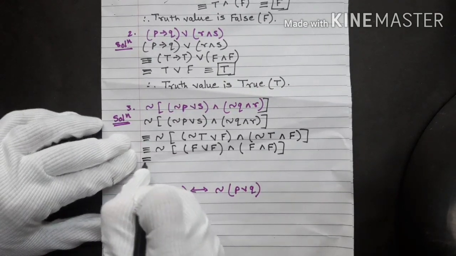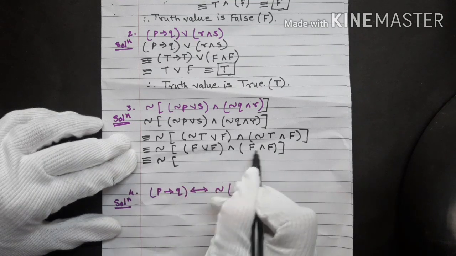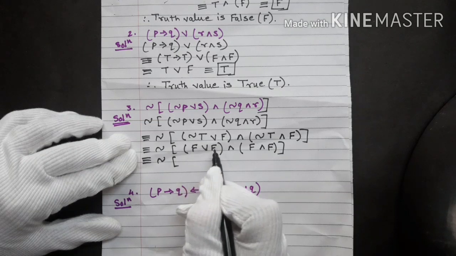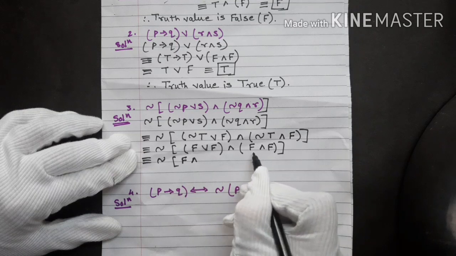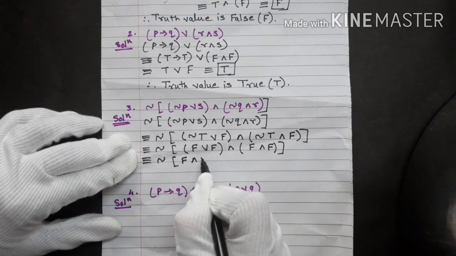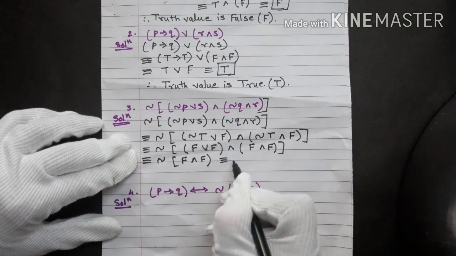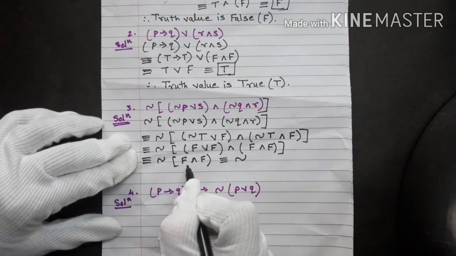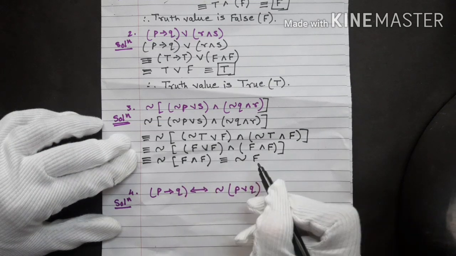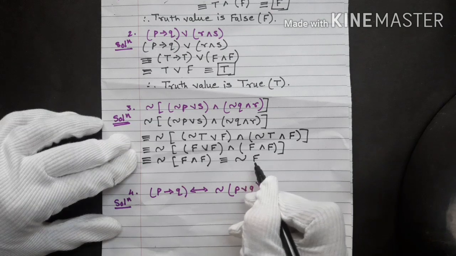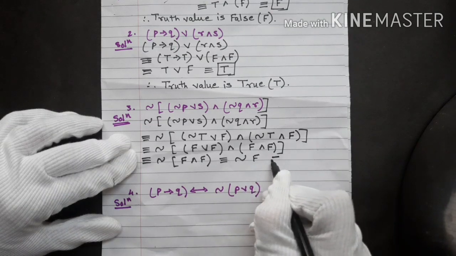So this is equivalent to negation. Again these two brackets we have to solve first. So F or F is F, and F and F also F. So you get again this bracket first, F and F, F. Correct? And now the negation of F. So that will be true.